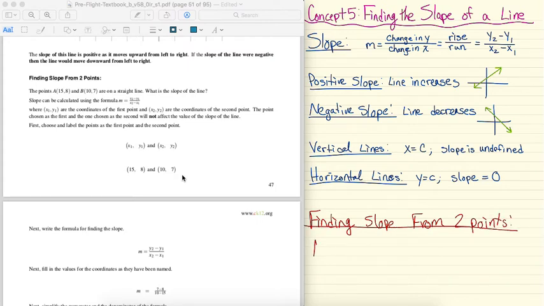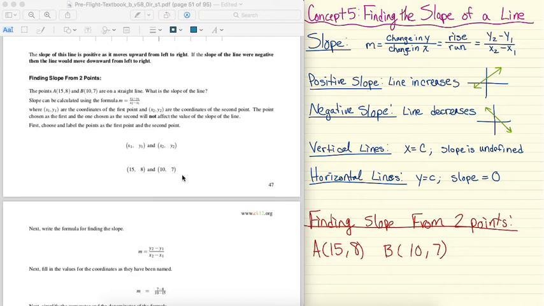So we're told point A is located at (15, 8) and point B is located at (10, 7). Now, when you're going through this, you always want to make sure that you're identifying which point is going to represent your first point and which point is going to represent your second point.